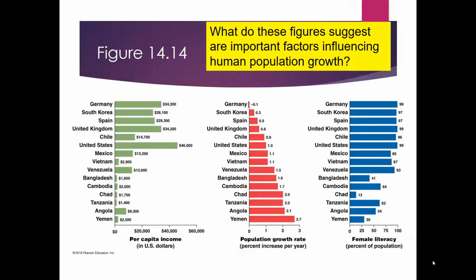That tends to make you think that in those countries where women have more opportunities, where women can work, where they have more education, they tend to choose to have fewer babies. And that is what's influencing the human birth rate.